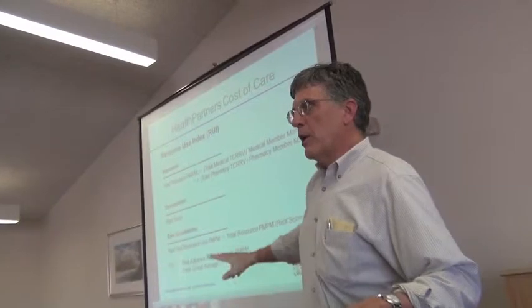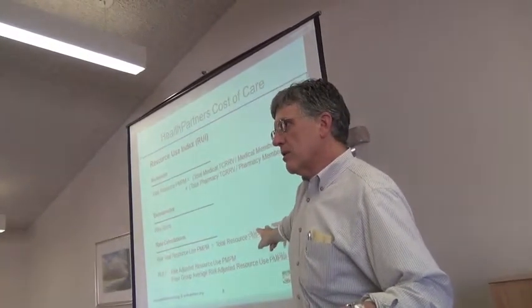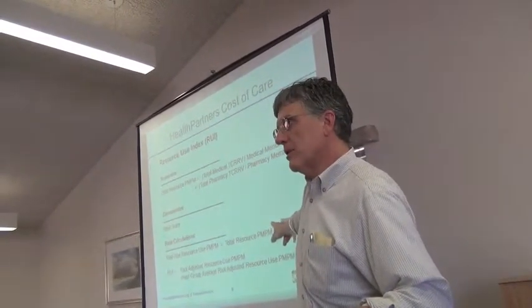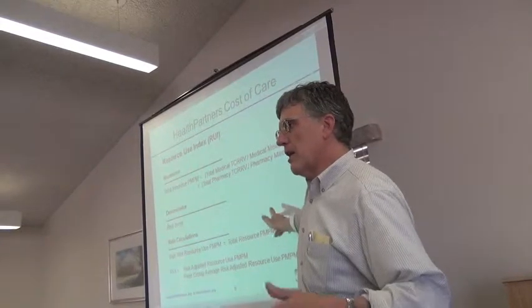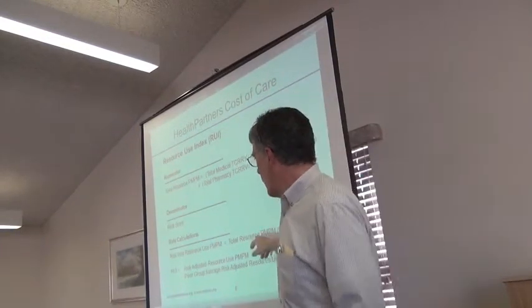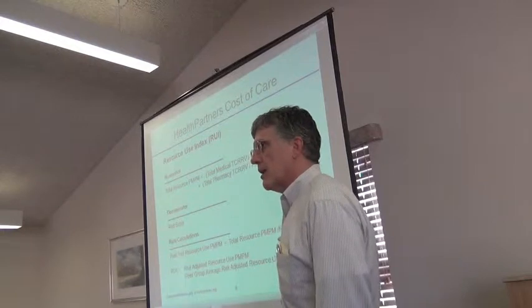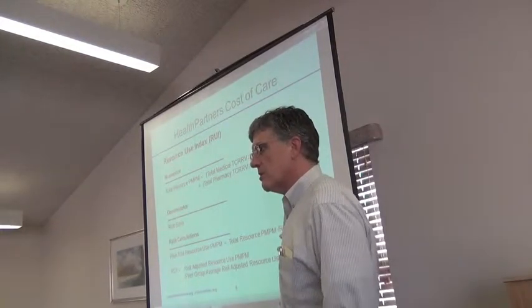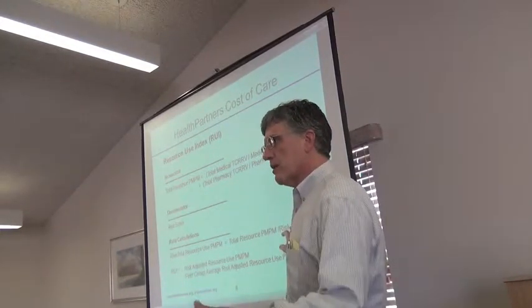That's the thought. We've actually asked that question directly to HealthPartners to get their input on it. They don't actually know what the implication of that is because they don't use it. They use ACGs from Hopkins, which are diagnosis-based.